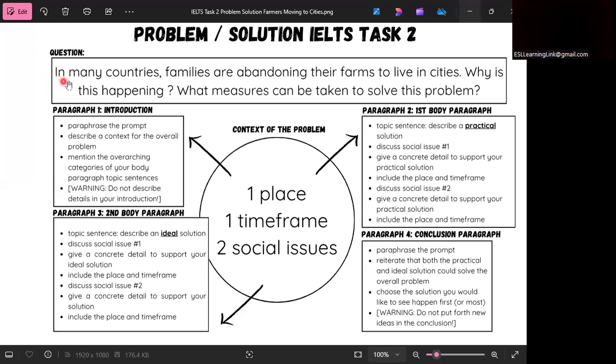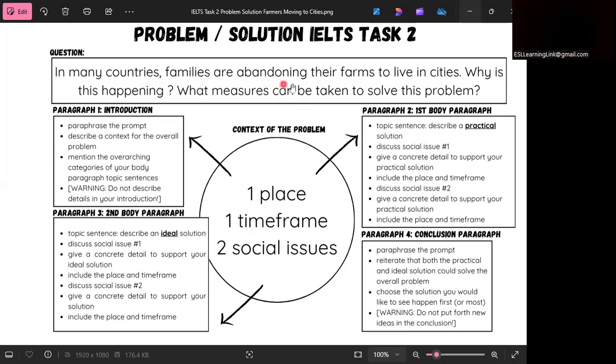So in many countries, you could say globally or all over the world as your paraphrase. Families are abandoning their farms. So families is a certain cultural unit. So you can say people instead of families, or you can say, if you don't want to broaden it to people, you can say families and keep that word.